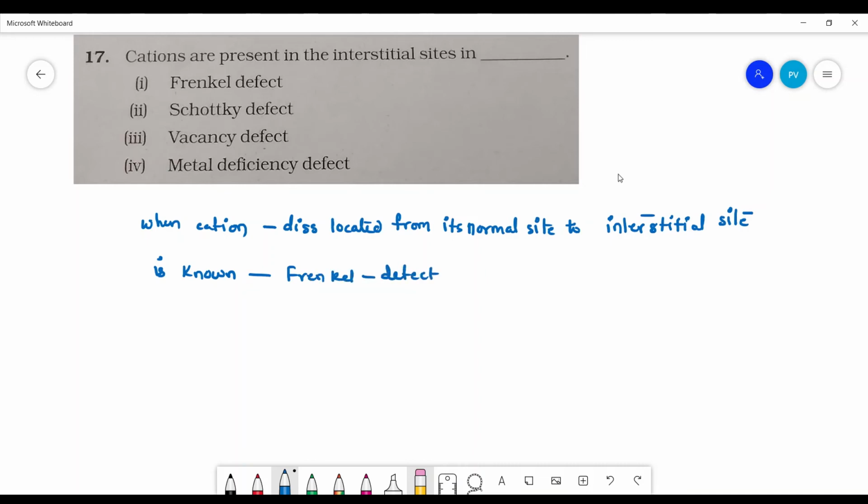By the definition, when a cation is dislocated from its normal site to an interstitial site, one vacancy is formed, so that is a Frenkel defect.